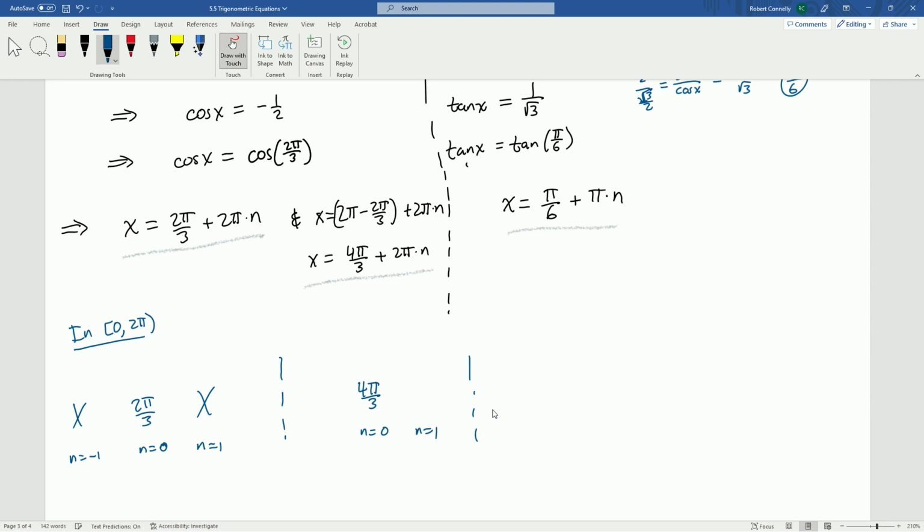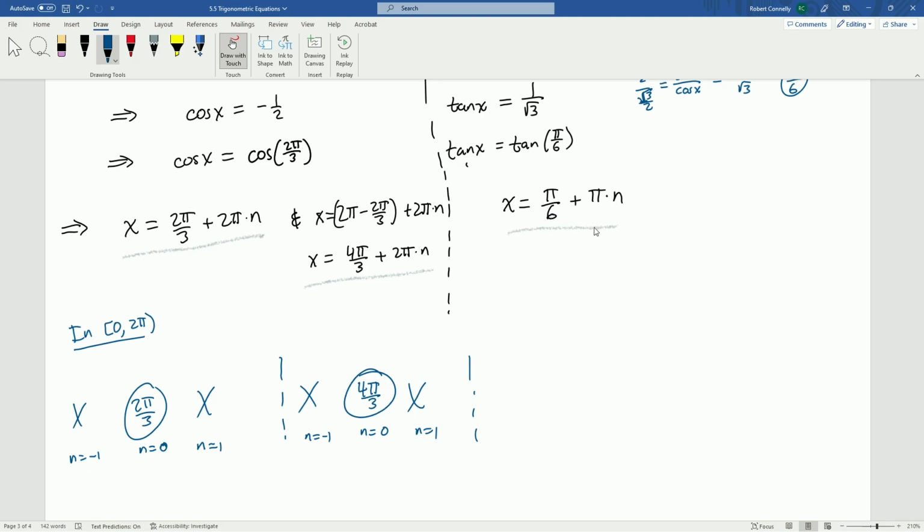When n is 1, we get 4 pi thirds plus 2 pi. That's going to be larger than 2 pi. That's too big. And when n is -1, we'd be subtracting 2 pi. That's going to be less than 0. That's going to be too small. So that's two solutions so far.